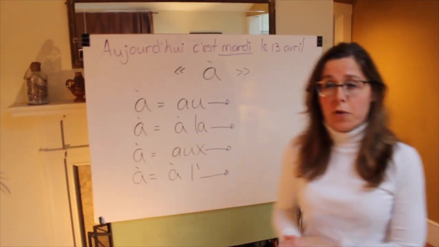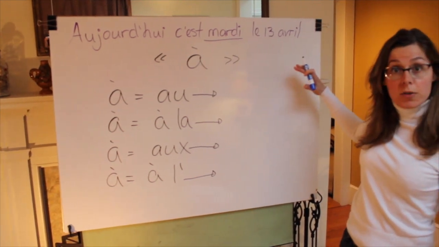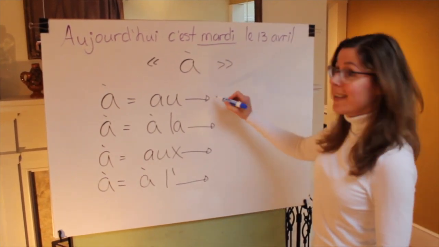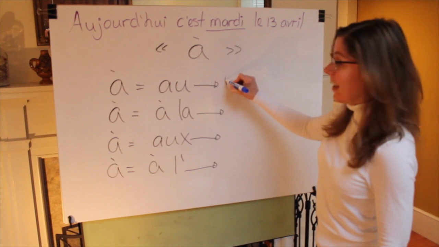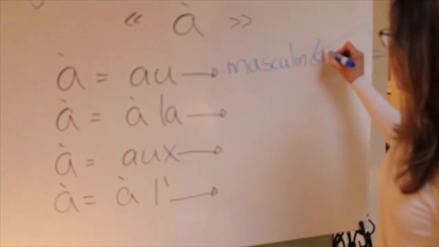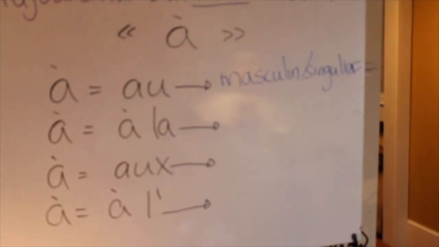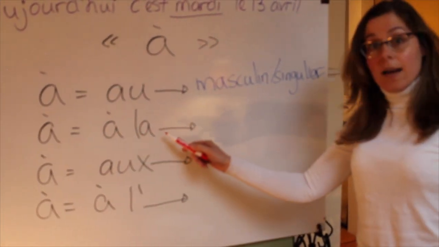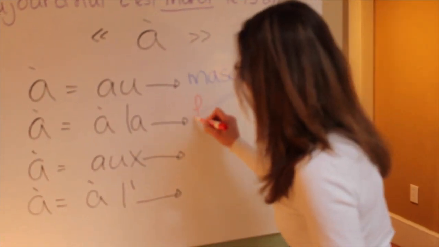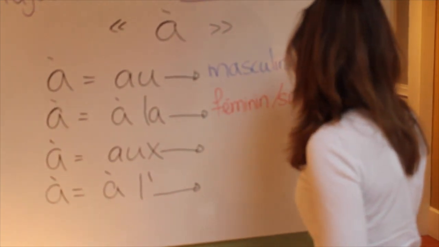Okay, unfortunately for you, my friends, à will change form depending on the word that follows it, right? So, à becomes au when the word that follows is, try to guess. Oui, that's right, masculin, singulier. Okay, whoops, sorry for that. À becomes à la when the word that follows is, yes, you got it, my friends, féminin, singulier.